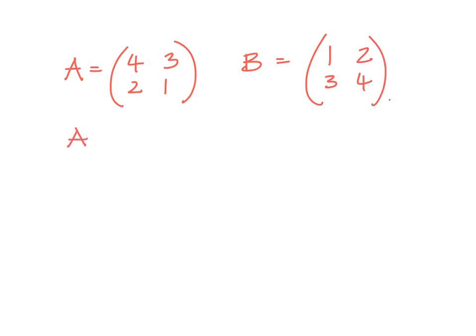If we want to find the sum of A and B, then we simply add together each of the corresponding elements within each of the matrices. So A plus B equals, we go 4 plus 1, 3 plus 2, 2 plus 3, and 1 plus 4.